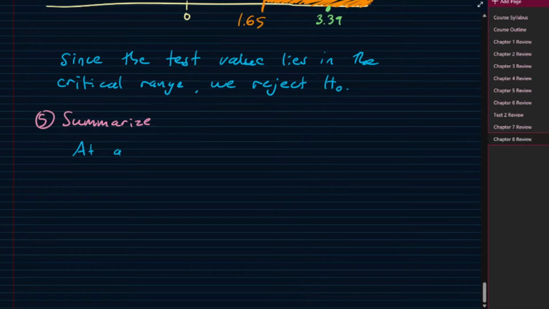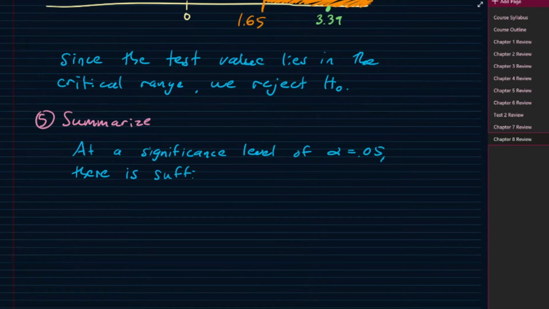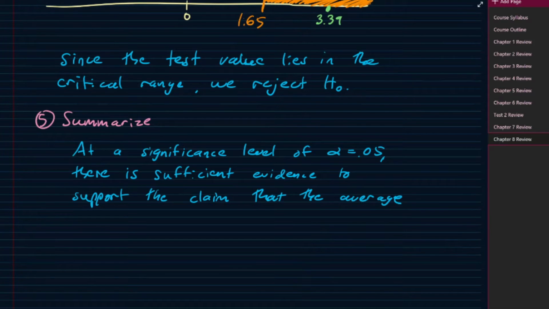At a significant level of alpha equal to 0.05, there is sufficient evidence to support the claim that the average, what were we talking about here again?